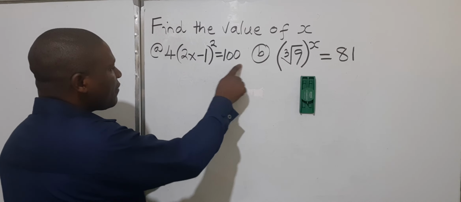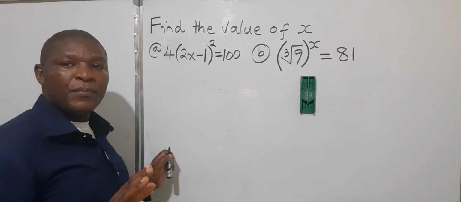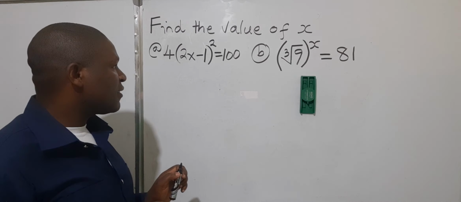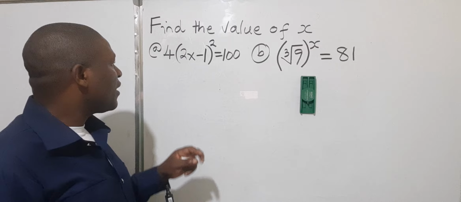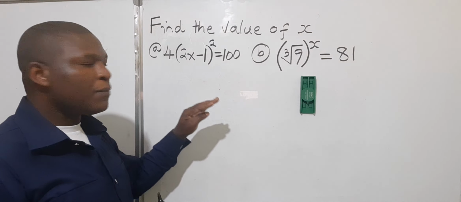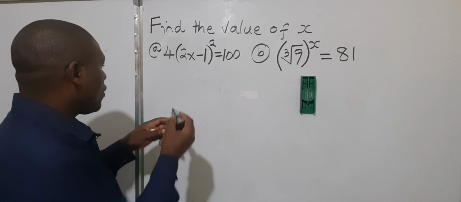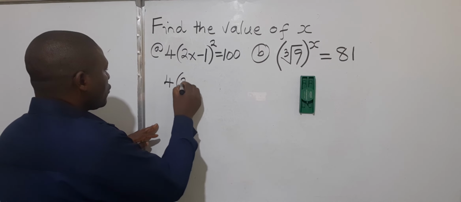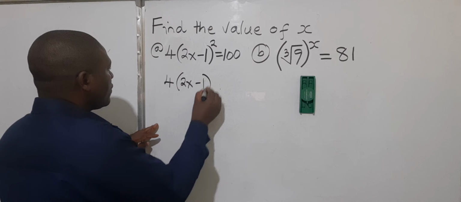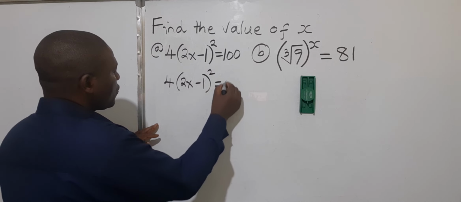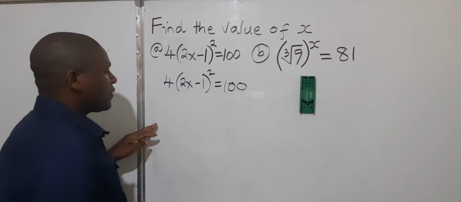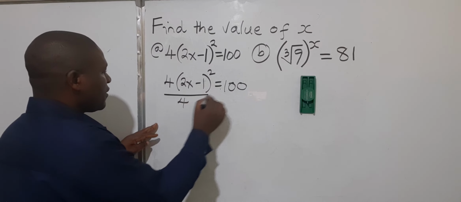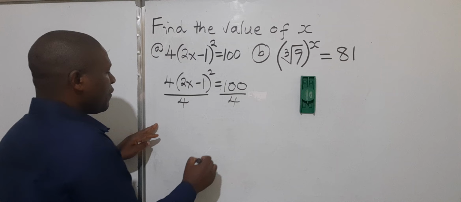Now, this question we have looks very simple, but not easy to find. Follow me as I take you through. I explain to you step by step. When you have an equation like this one, 2x minus 1 squared equals to this, of course, you have to divide on both sides by 4.